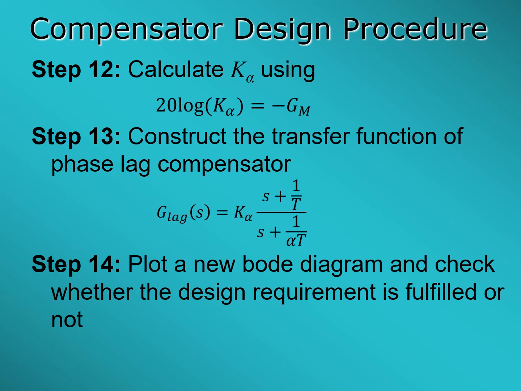Step number 13, construct the transfer function of the phase lag compensator. Since you already know K alpha, 1 over T, and also 1 over alpha T from the previous steps, you can produce G lag of S. Then plot a new Bode diagram and check whether the design requirement is fulfilled or not.